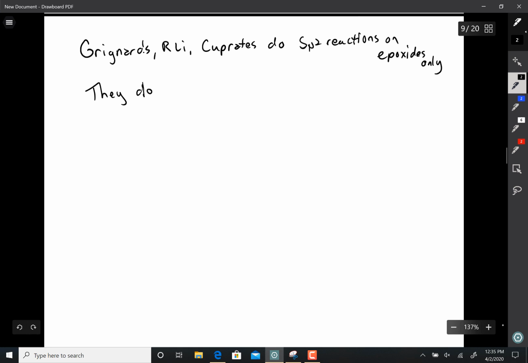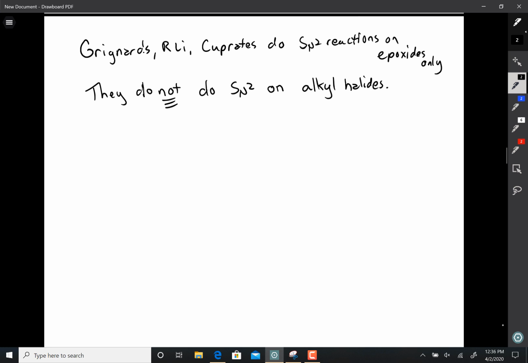They do not do SN2 on alkyl halides, like normal SN2 reactions.